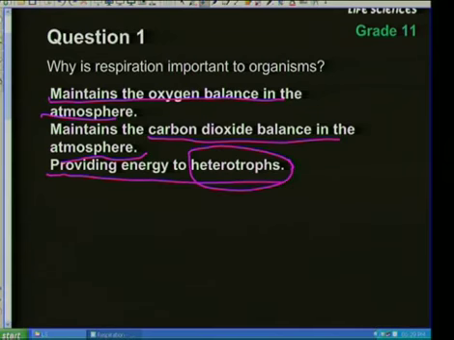Now, if you're sitting there scratching your head and asking yourself, what in heaven's name is a heterotroph? You are in serious trouble, because you should know this word. But even if you don't, you're not going to die because you don't know this word today. Take your textbook out, look for the word heterotroph, and see what the meaning is. But I'm going to explain it anyway.